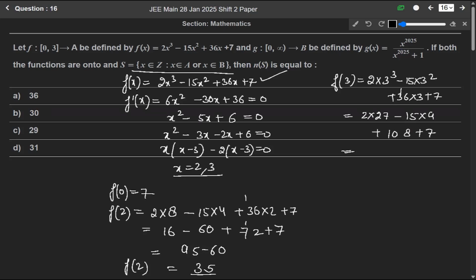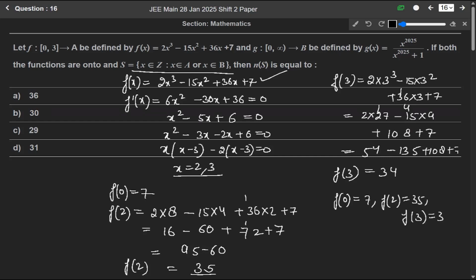So it will be 54 minus 135 plus 108 plus 7. So solving it, we get f(3) equals 34. Okay, means f(0) equals 7, f(2) equals 35, and f(3) equals 34.